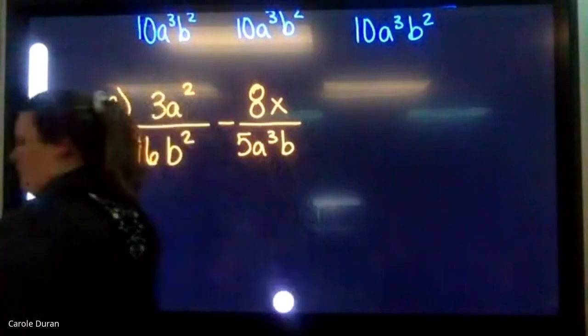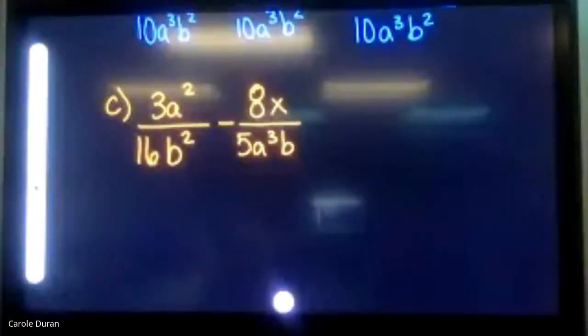Only difference between the one I just gave you and the one we just did is that this one is subtraction instead of addition. So in the final step, I will subtract the second numerator from the first.